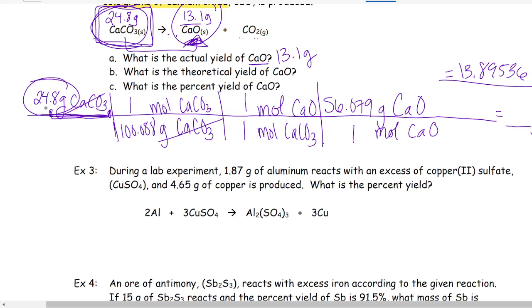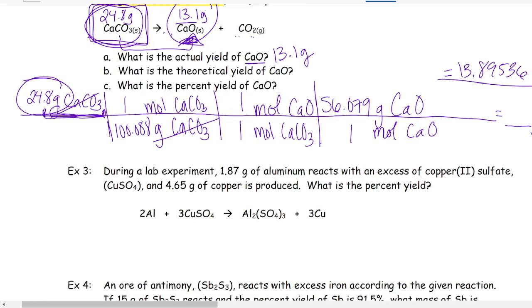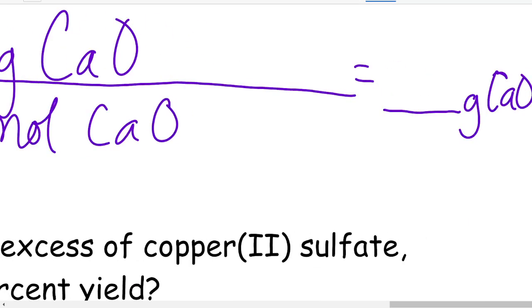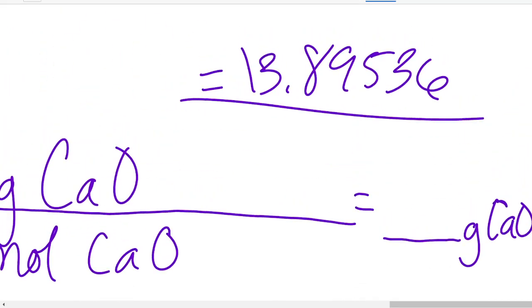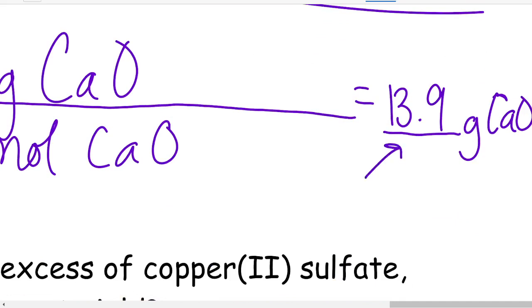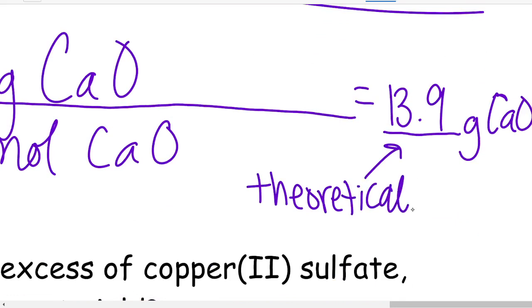This has 3 sig figs, so I'm going to make my answer match 3 sig figs. So 13.89 would just round to 13.9 grams of calcium oxide. This number represents the theoretical yield of CaO.